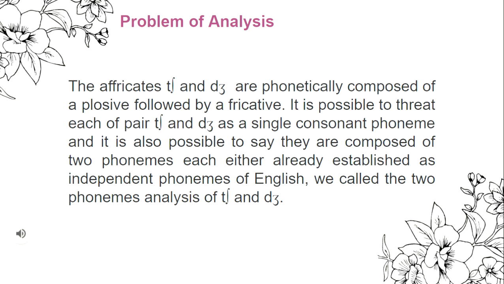It is possible to treat each of the pair as a single consonant phoneme, and it is also possible to say that they are composed of two phonemes, each already established as independent phonemes of English. We call this the two phoneme analysis.